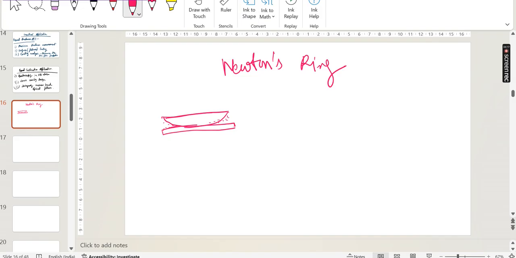So if a light comes here and passes through like this, it gives another light beam, and so on.